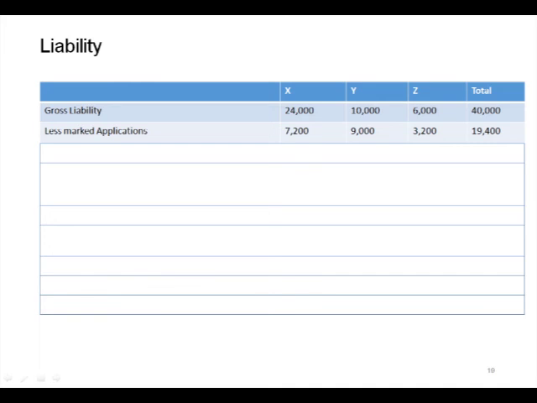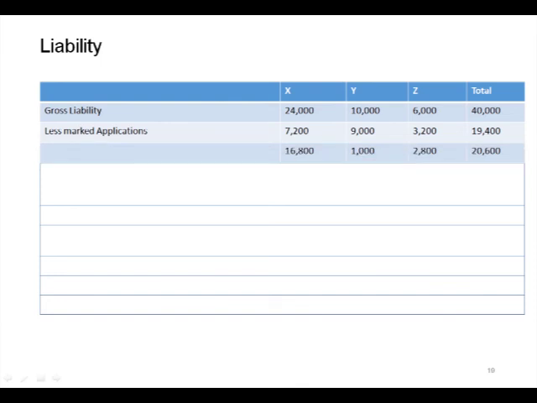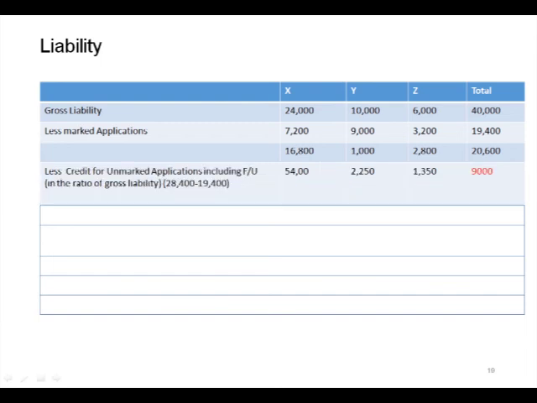Now we shall deduct the marked applications as given in the question: 7,200 in case of X, 9,000 in case of Y, and in case of Z this is 3,200, and the total is 19,400. And now the remaining liability is 16,800 in case of X. In case of Y it is 1,000. In case of Z this is 2,800, and total liability 40,000 minus 19,400 is 20,600.